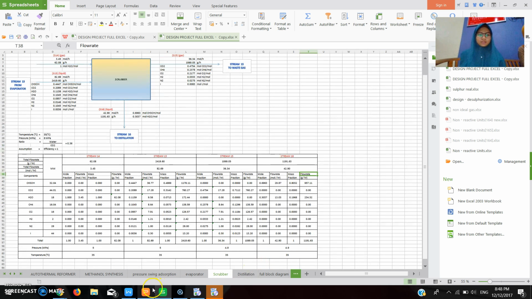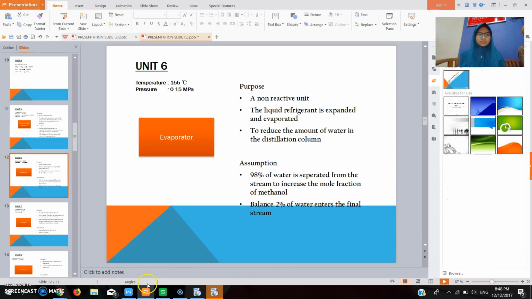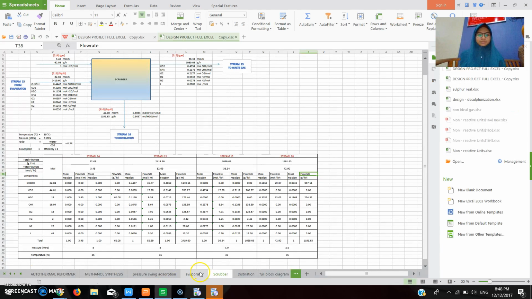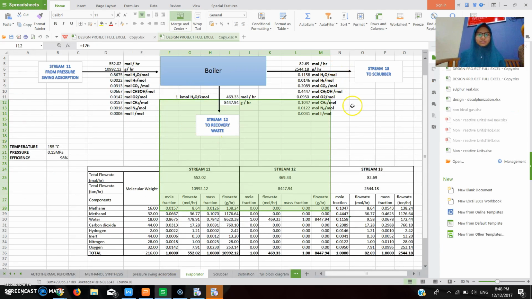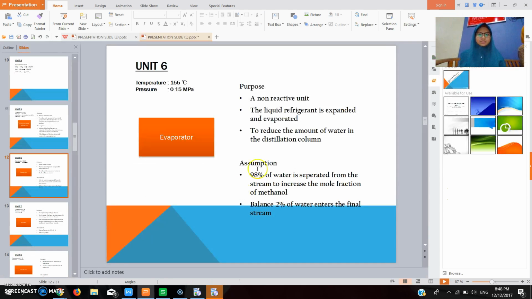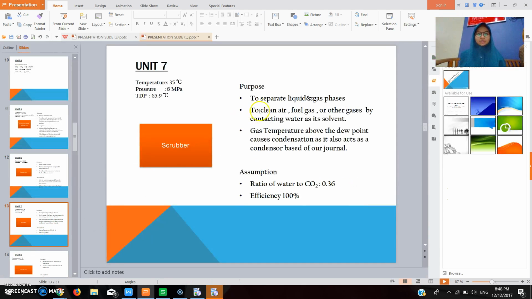As we have seen from the evaporator, there are still a lot of impurities in this stream. Therefore, we add a scrubber because we want to separate the liquid and gases. We want to clean air, flue gases, or other gases by contacting materials with solvent.